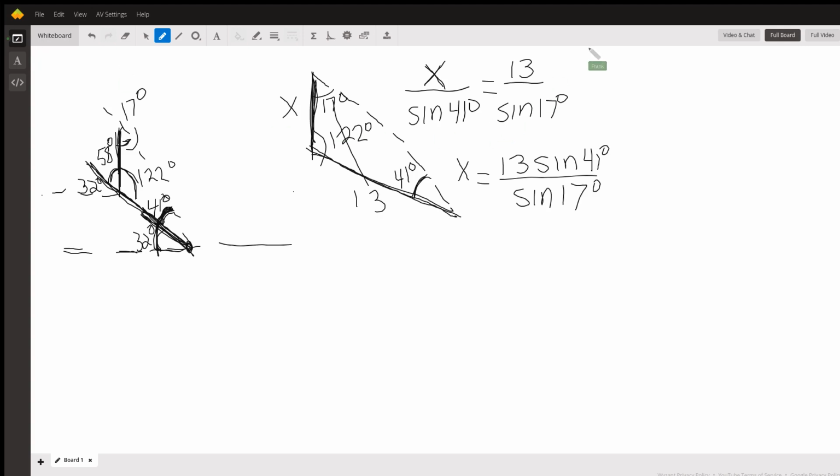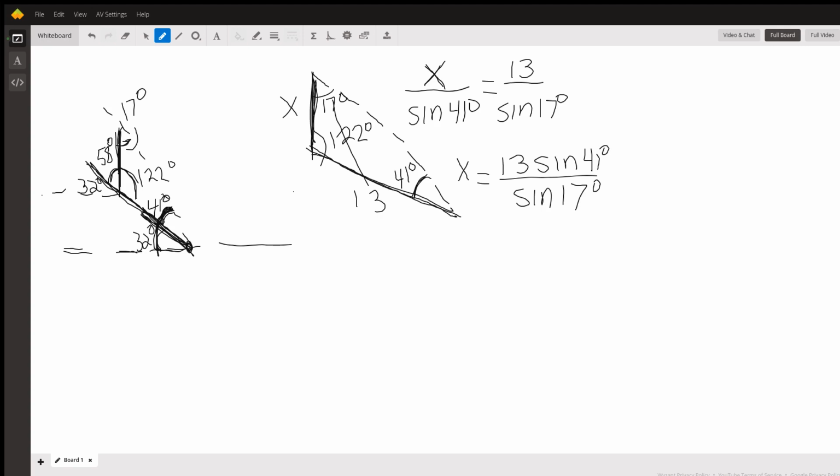And you can do that on your calculator. I will do it here. 13 times sine 41 degrees. If you don't put degrees on this Wolfram, it's going to do it in radians, and your answer will not come out correctly. 17 degrees, because everything here is given in degrees. And then you click search. It's really like the calculate key.